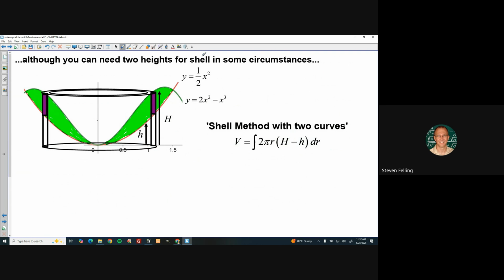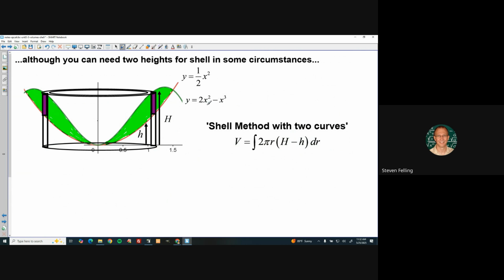Just for purposes of illustration, I'll use this to illustrate, but we won't actually solve this one.